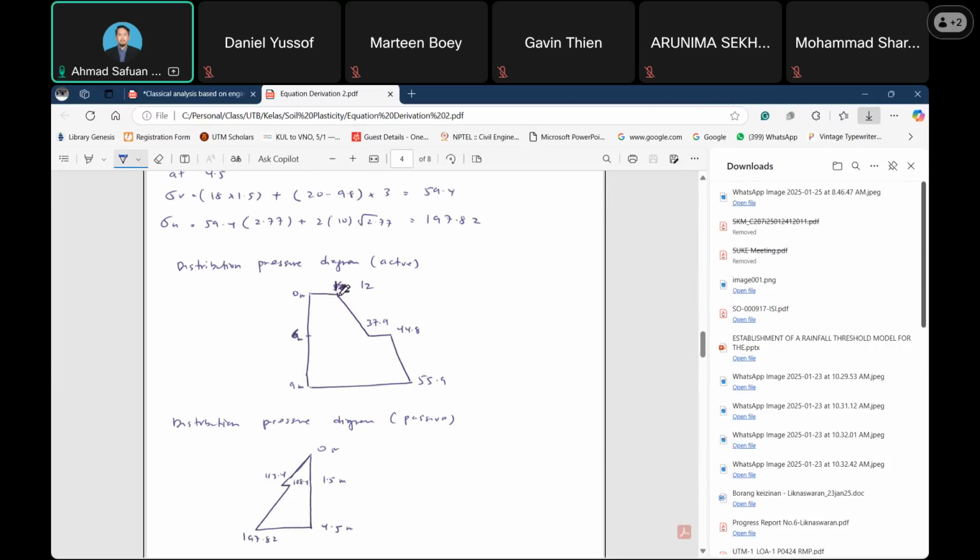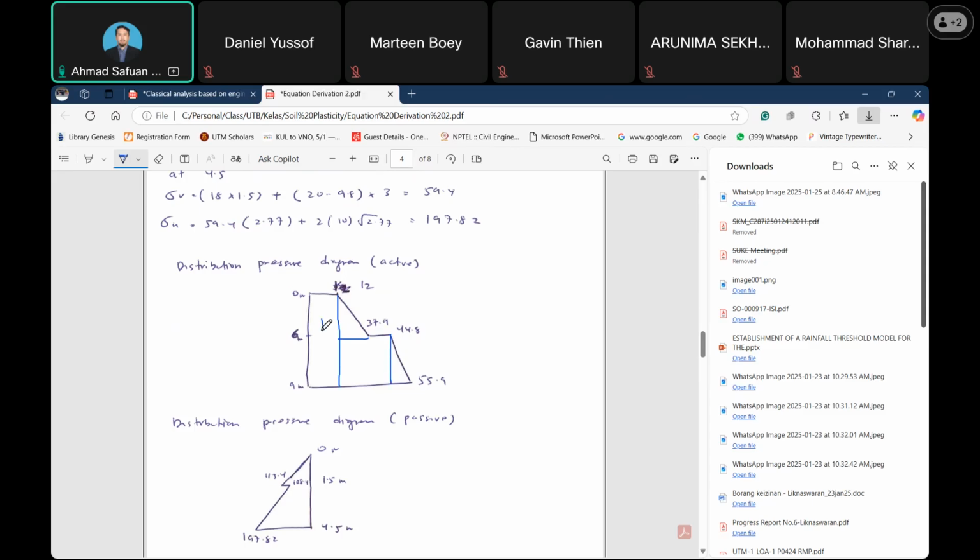You need to divide it into several areas. Okay, so you put the first area. Please only use triangle, square or rectangular shapes.